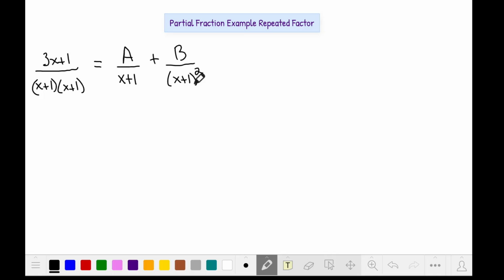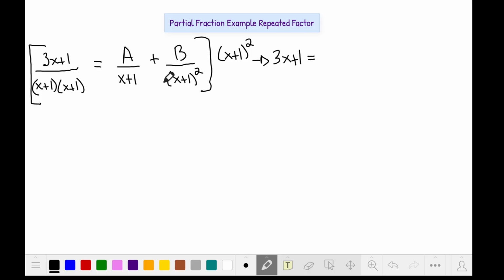So what we do is we take this whole thing and we multiply by the bottom expression. So we multiply by x plus 1 squared, because I don't want to write x plus 1 times x plus 1 again. I just throw a little square on top. And from that, well, the bottom terms cancel out on the left, so the left-hand side becomes just 3x plus 1.